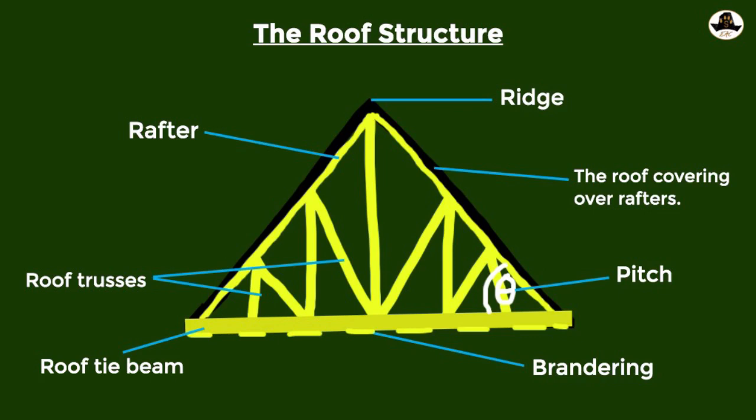It will then help the contractor to ensure that the exact positioning of the trusses, of the rafters, of the beams and of the brandering, everything, is stationed where it's supposed to be in order for the roof to serve its maximum purpose.